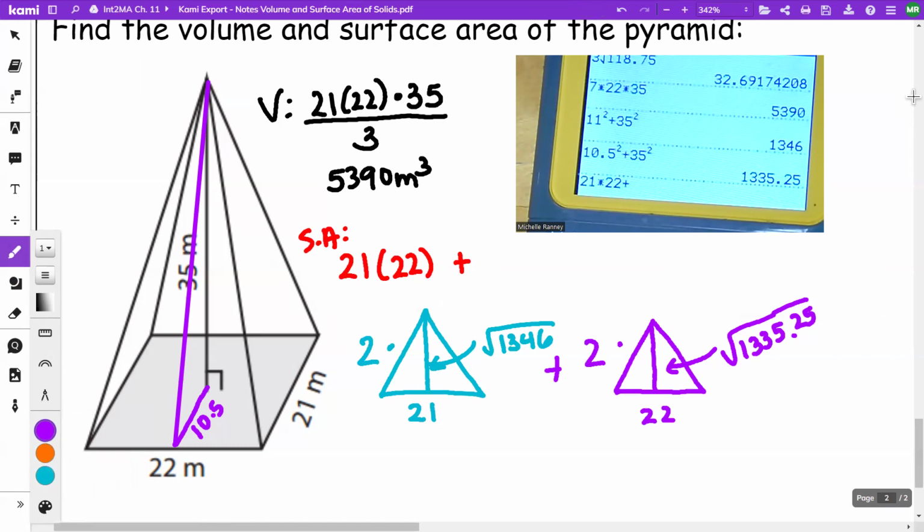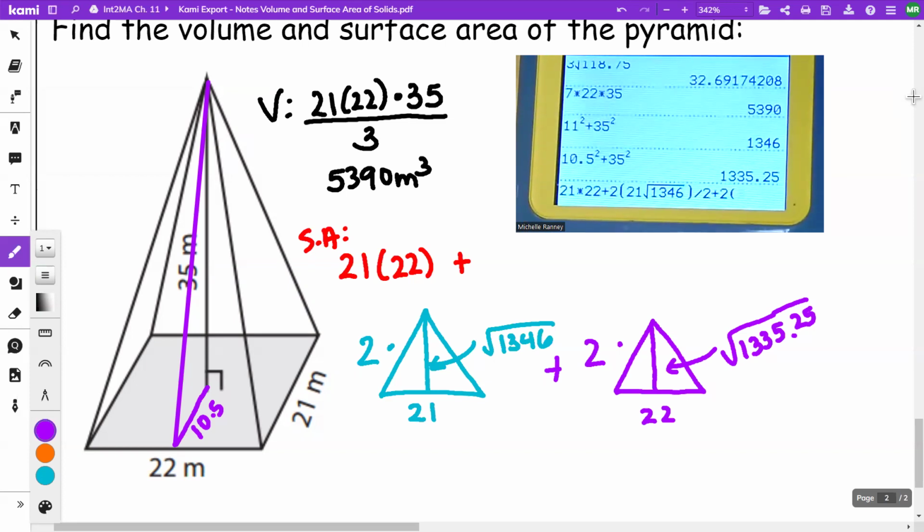It's going to be two of them times 21 times the square root of 1346, and then I am going to be dividing that by 2, plus 2 times, so really those twos are going to cancel out, plus 2 times my base 22 times my square root of 1335.25, again divided by 2, so those twos are going to cancel out.